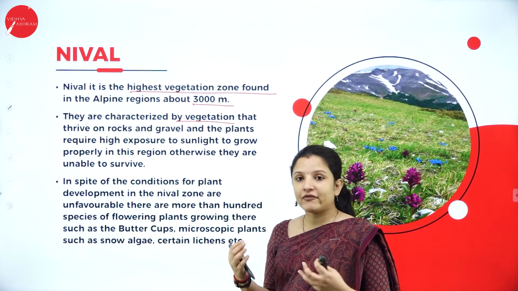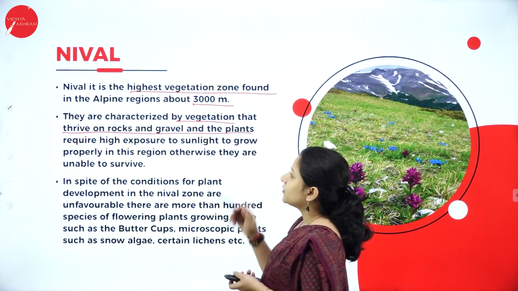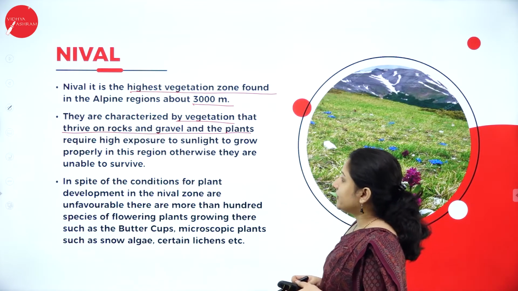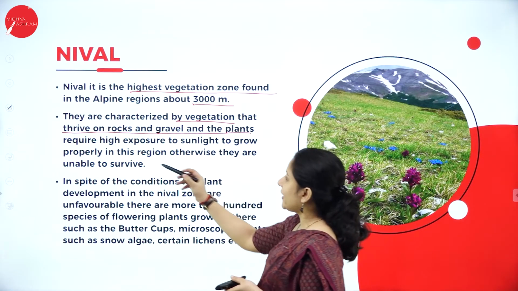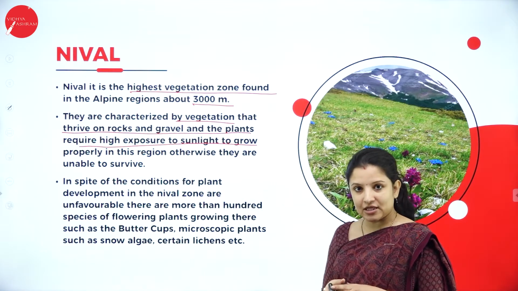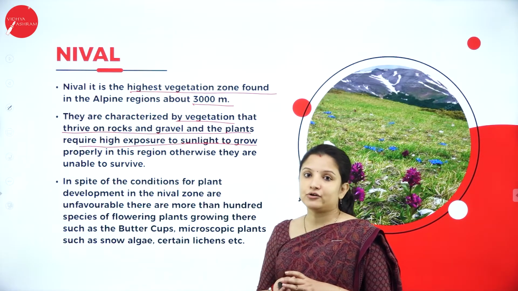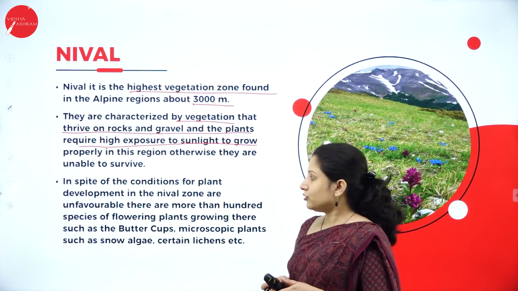So they have vegetation which is capable of surviving in the rocks and gravel. And the plants here require high exposure to sunlight if they have to grow properly in this region. Otherwise, if they don't receive enough sunlight, they tend to die and they don't grow properly.